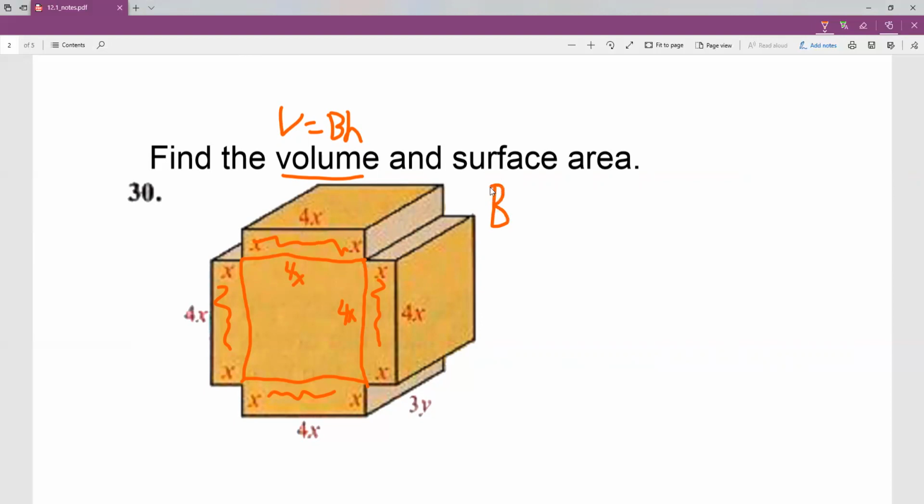So the area of the base is equal to (4x) squared, which is this internal square, plus 4 times the base area of each segment, which is length times width, x times 4x.